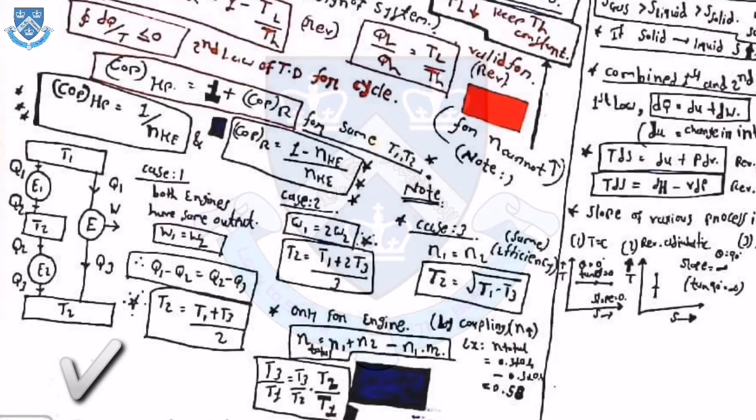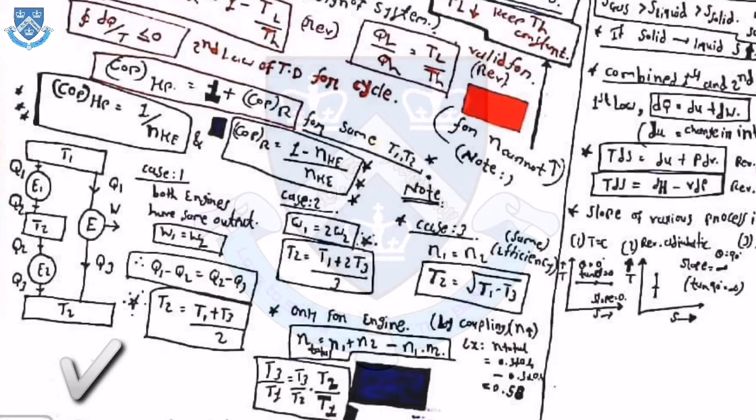There are three cases. In the first case, both engines have the same output, W1 is equal to W2, then Q1 minus Q2 is equal to Q2 minus Q3. After that, T2 is equal to T1 plus T3 by 2. For case 2, if W1 is equal to 2 times W2, then T2 is equal to T1 plus T3, 2 into T3 upon T3.